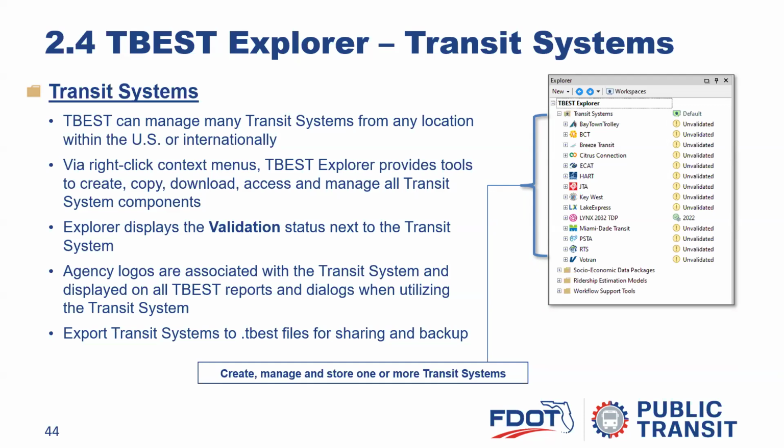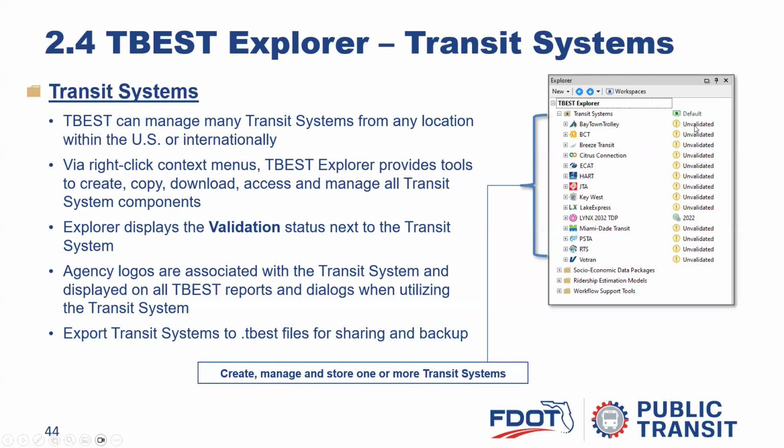Again, via right-click context menus, TBEST Explorer provides tools to create, copy, download, access, and manage all transit system components. Explorer displays the validation status next to the transit system. So if you notice, we have the status here.